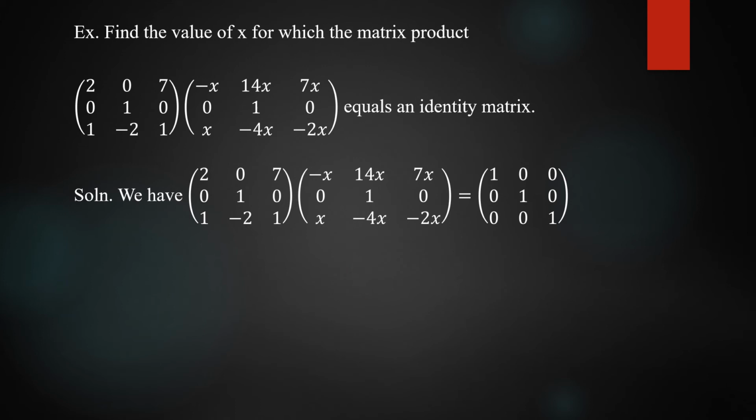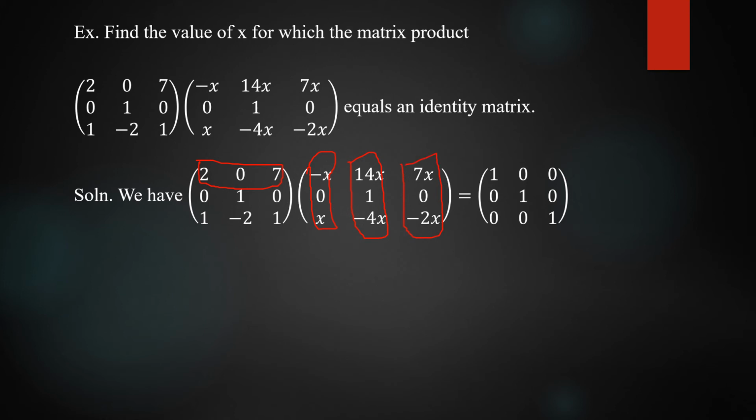And how to complete the product of two matrices? You see, when you want to find the product of two matrices, you multiply the row, this is row number 1, with the column. A row will be multiplied into a column.